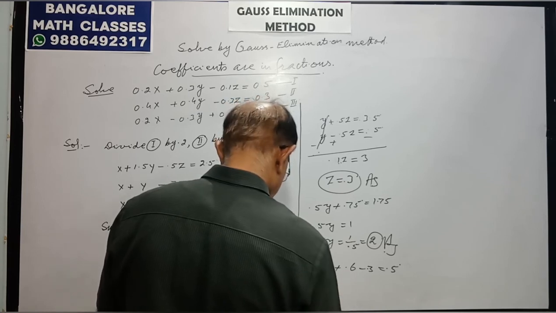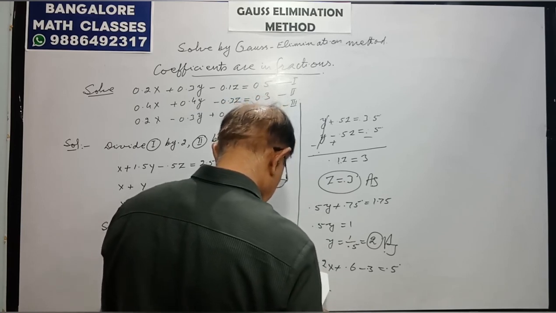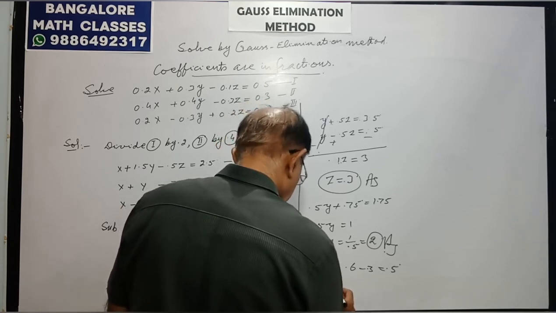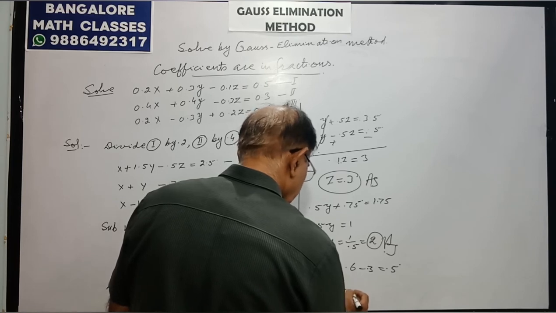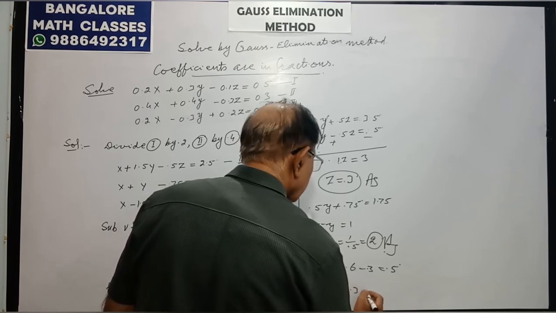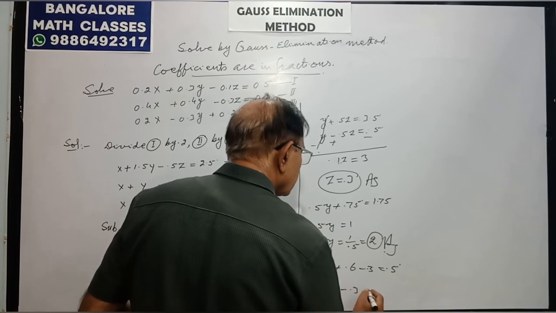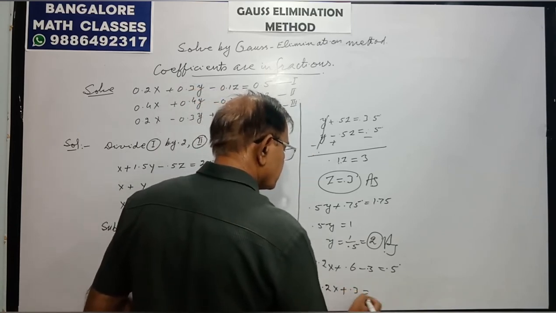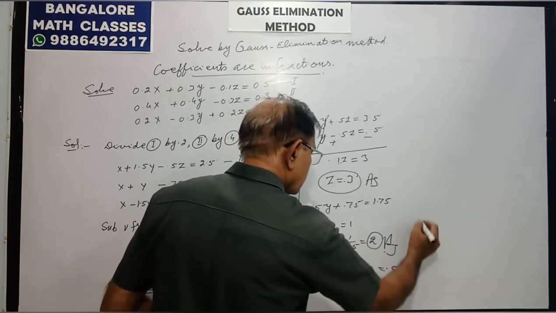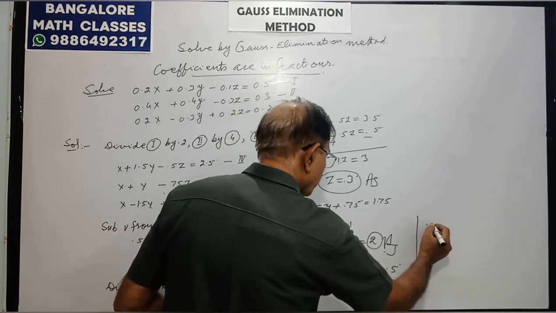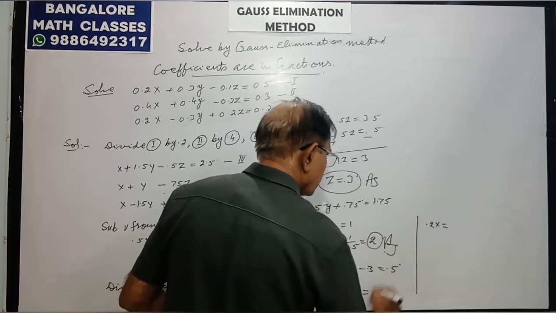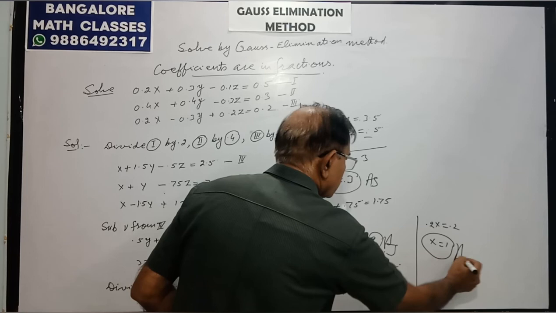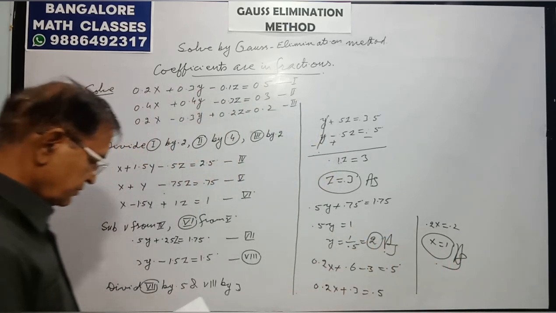Thus it will come out to be 0.2x, by transposing, x will come out to be 1. So like that you can solve it.